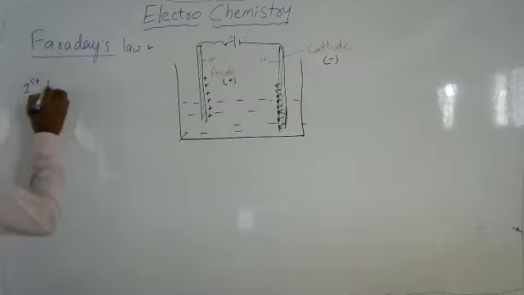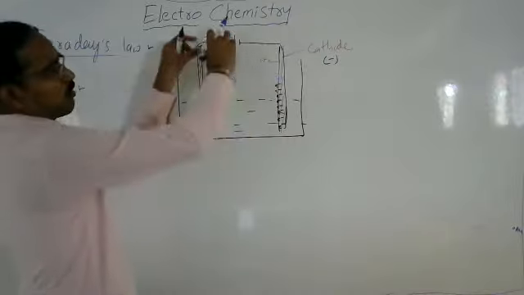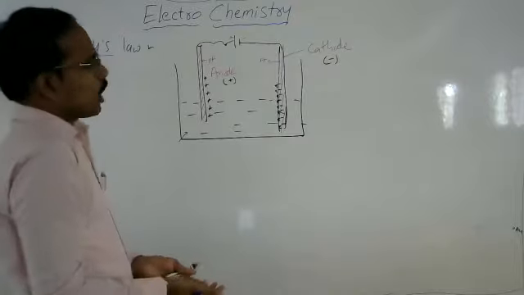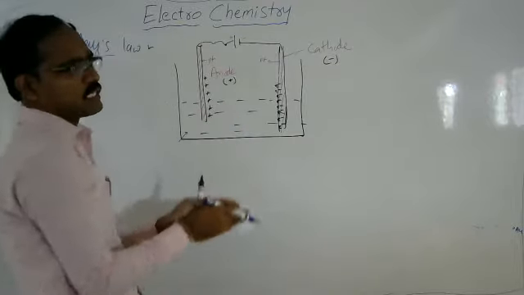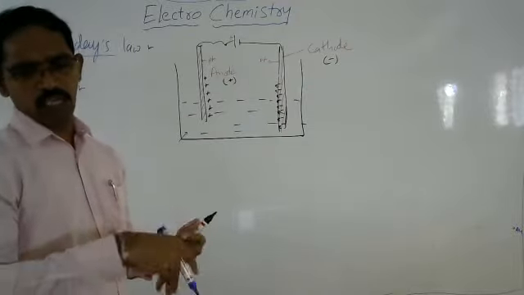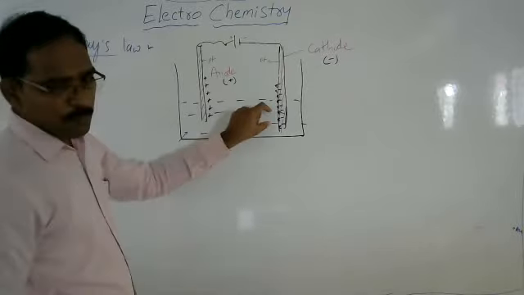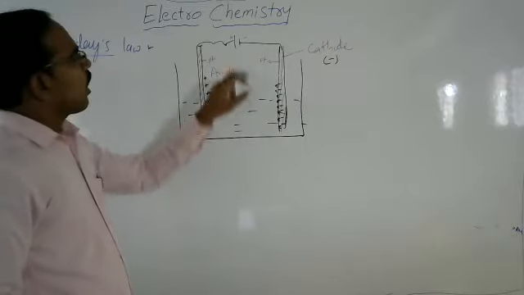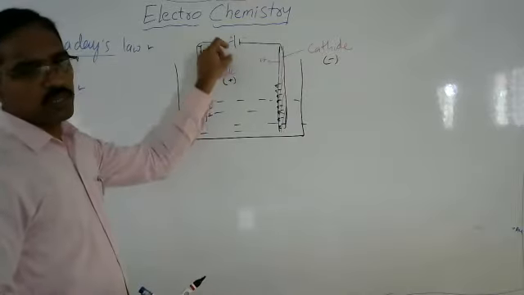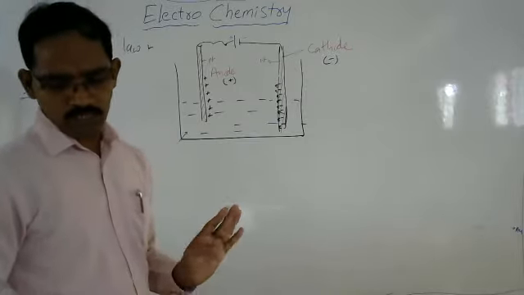First law: if you pass more electricity, more amount of substance will get deposited or evolved. If it is a gas we say evolve, if solid we say deposition. The substance deposited is directly proportional to the electricity sent. How much electricity, or how much charge, you are sending. Electricity is nothing but the charge. That is the first.